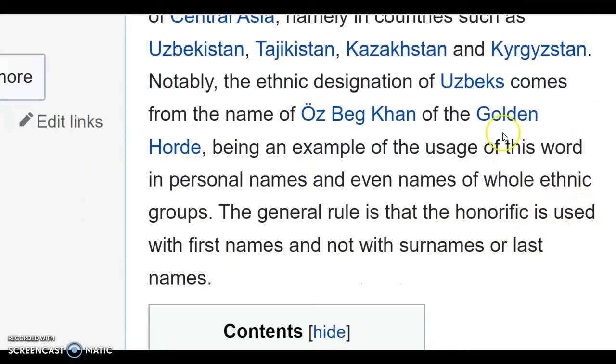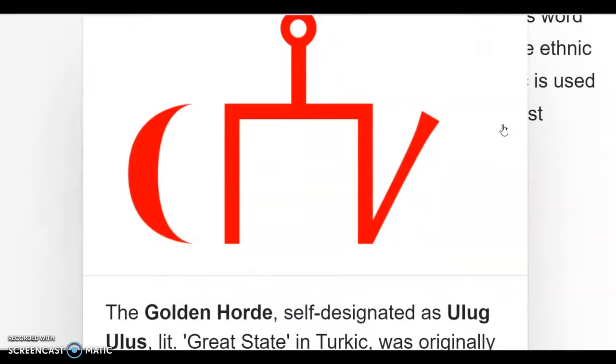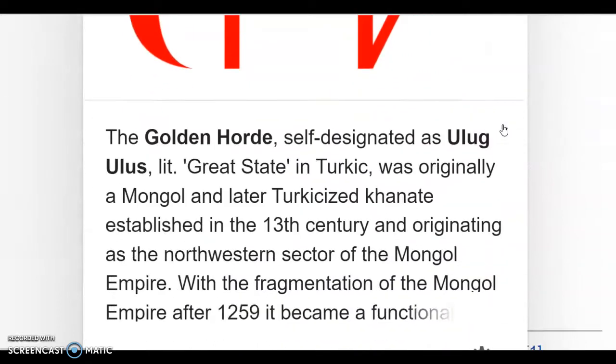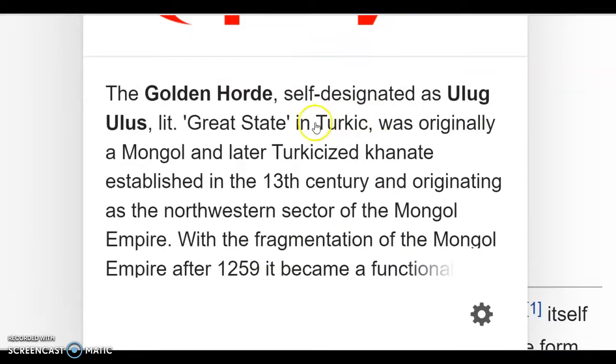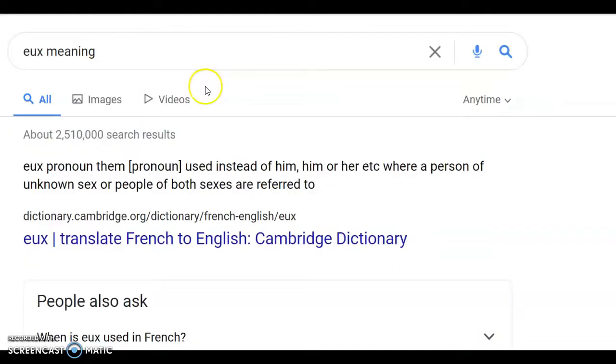The Golden Horde. Great T's. A bit more code to do with it. The Bayeux. Person of unknown sex, or people of both sexes are referred to. A bit of trans code in as well, see, the Bayeux Tapestry.